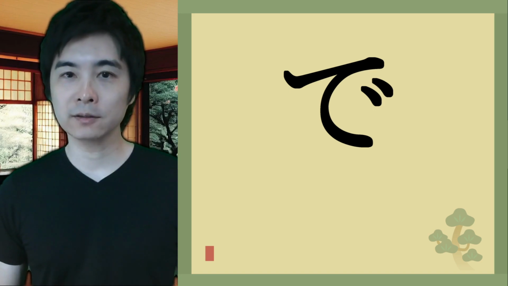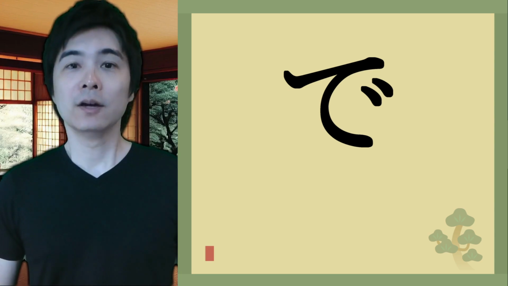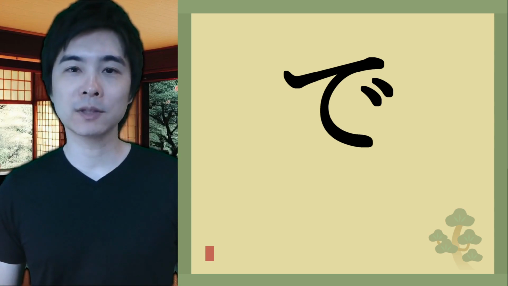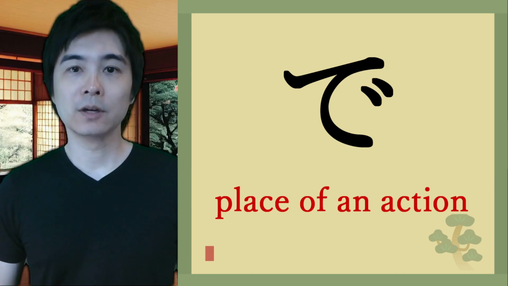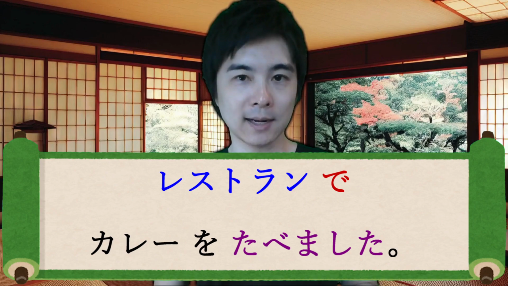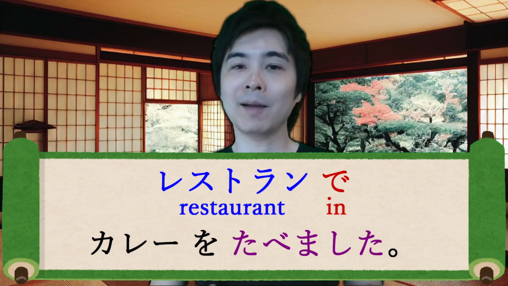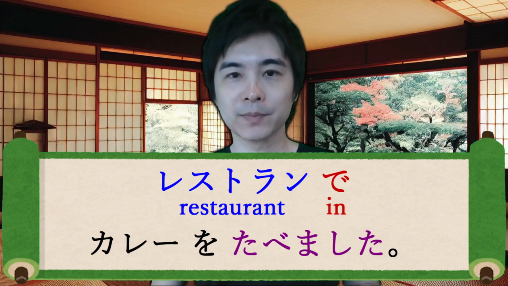We already checked the location particle に, but there is another location particle in Japanese. It is で. As we have learned, the location particle に follows the place of existence. On the other hand, で follows the place of an action. For example, レストランでカレーを食べました means I ate curry in a restaurant. 食べました means ate.